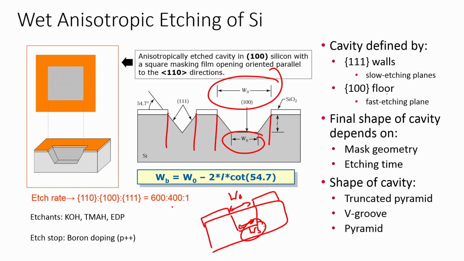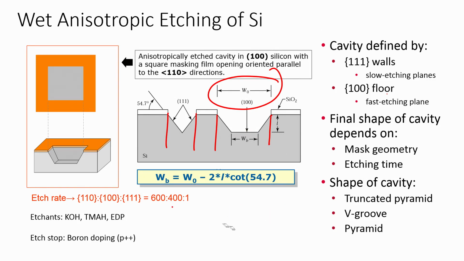This WB can be calculated using this formula. Knowing the depth I want to etch and the angle, which is 54.7 degrees, I can create my WO accordingly, so that I can achieve my WB of a particular dimension.